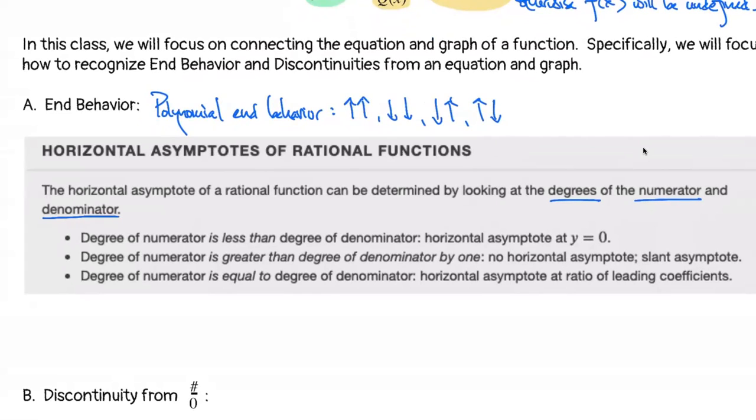If you think back to earlier in chapter 3, I was asking what the degree of this polynomial is. This is another way that we can use the degrees to tell us about a graph. So what is this first case? If the degree of the numerator is less than the degree of the denominator, the function will always give us a horizontal asymptote at y equals 0.